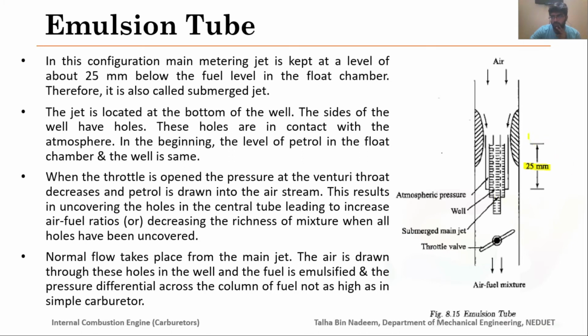So let's say this is your float chamber level, and this is the point where your fuel metering jet is present, and you can clearly see that it is submerged in the fuel. That's why these emulsion tubes are also referred to as submerged jets.